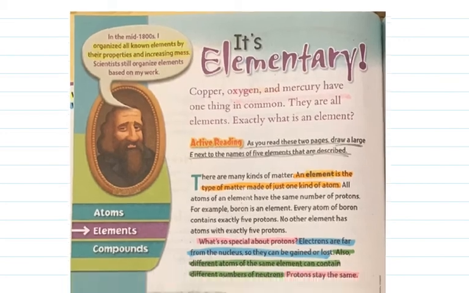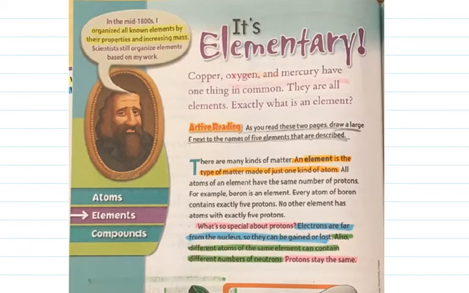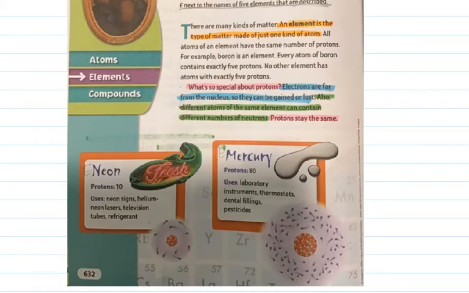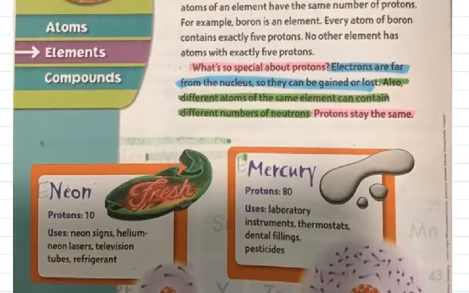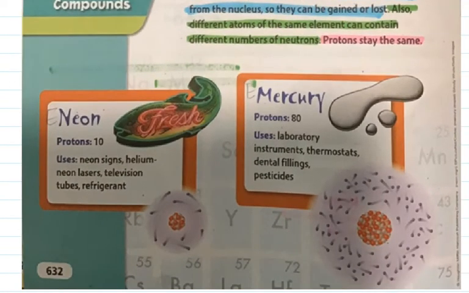Now, elements are one thing, okay? So let's look at the bottom of page 632. You probably already see my E next to neon and mercury. Go ahead and write a big E with your pencil next to each one of these. Okie dokie, I'm going to do mine. Now, these are elements. Remember, an element is a type of matter with just one kind of atom. Now, let's look at neon.